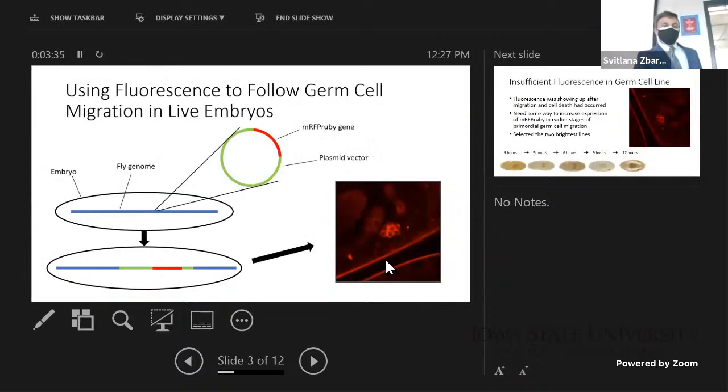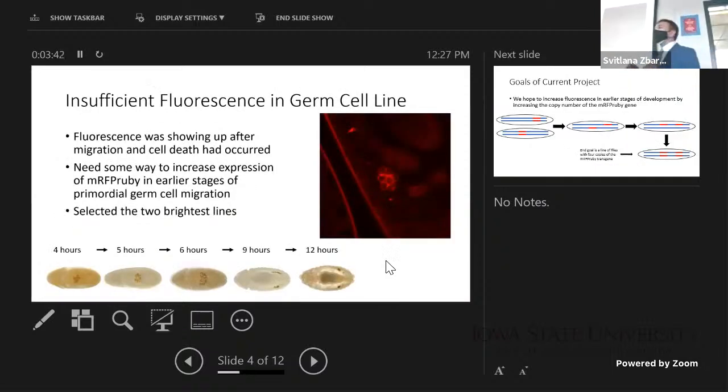As I said on this slide, we insert only 1 copy of that gene. So what we're trying to do is increase the number of copies of that gene, which will hopefully increase the expression earlier in migration. To do that, we selected the 2 brightest lines from those initial lines.